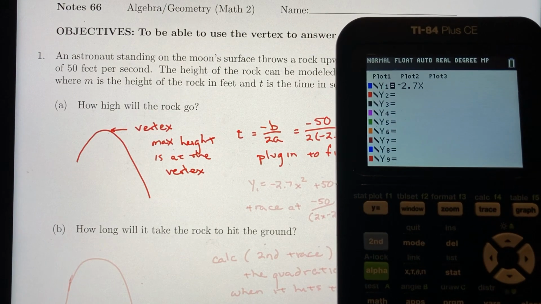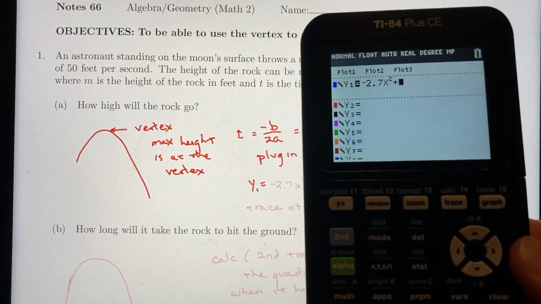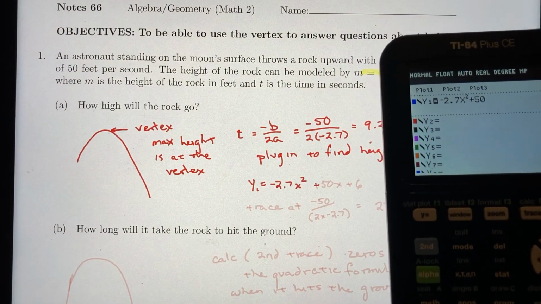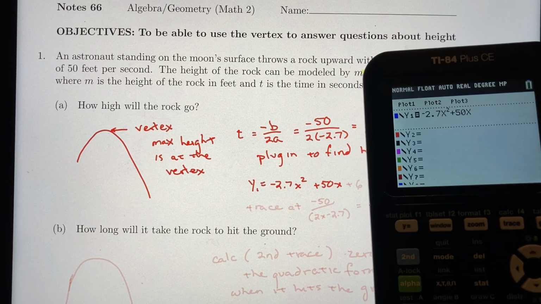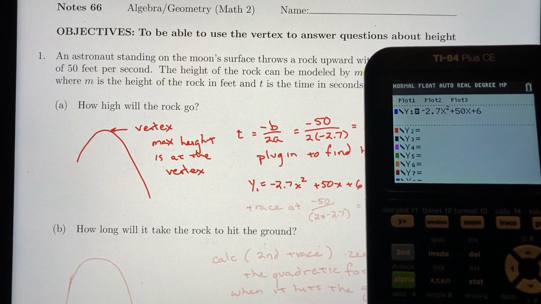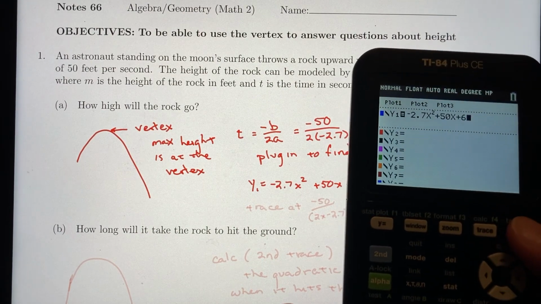I'm going to plug in. We have to use y1 is negative 2.7x squared plus 50x plus 6. The calculator is stupid, so we have to use x's instead of t's. I'm going to just type that in under y1.